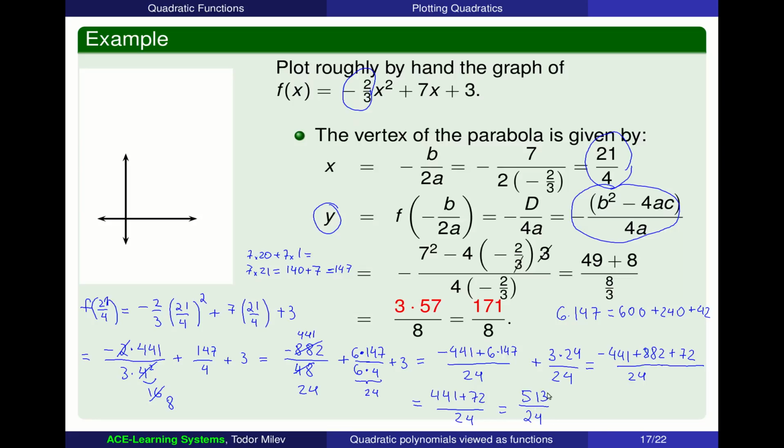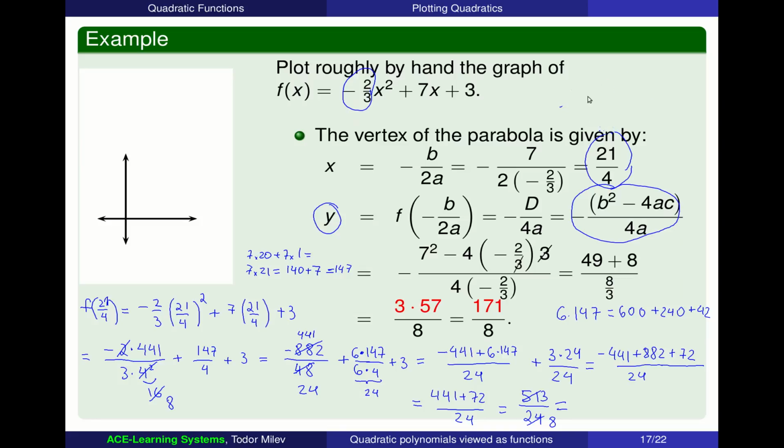And let's check this fraction. The top appears to be divisible by 3, so I can cancel out a factor of 3. 513 divided by 3 equals, I guess 1, then you put 1 times 3, so 1 times 3 is 3, you subtract, you get 2, then 21 divided by 3 is 7, and then 3 divided by 3 is 1, so 171.